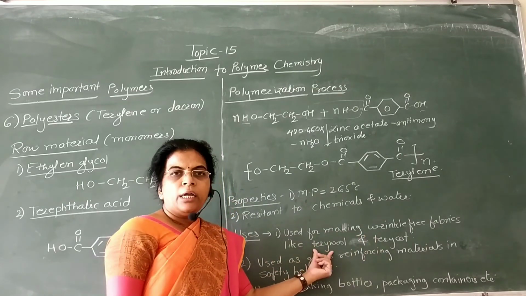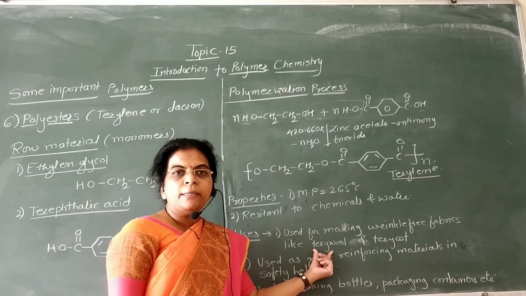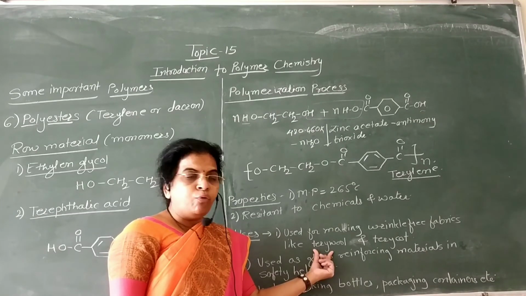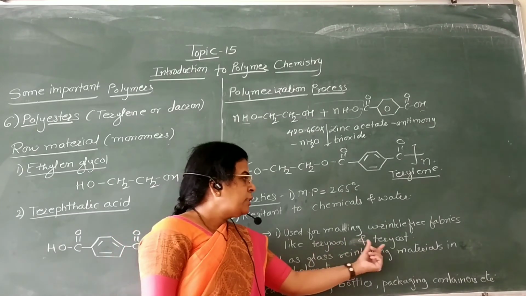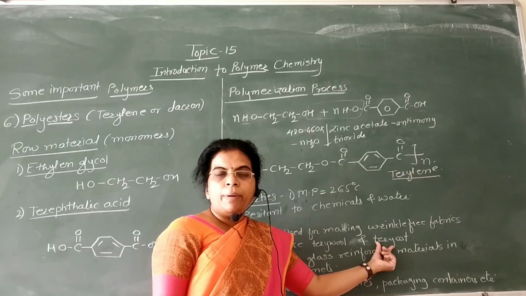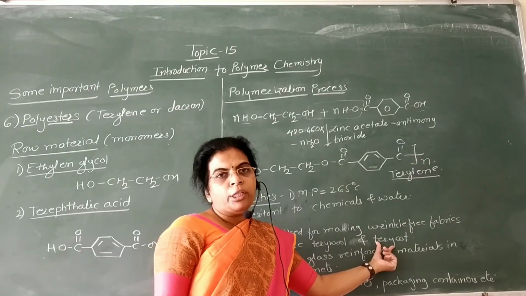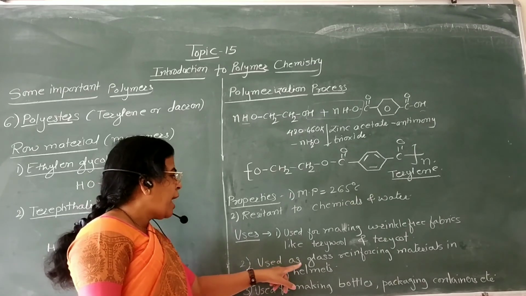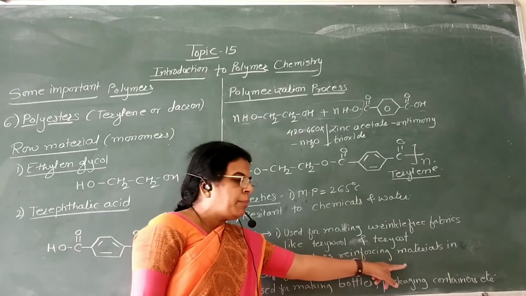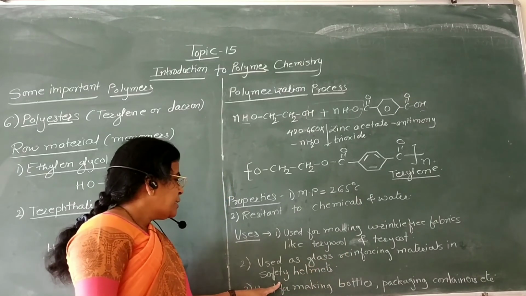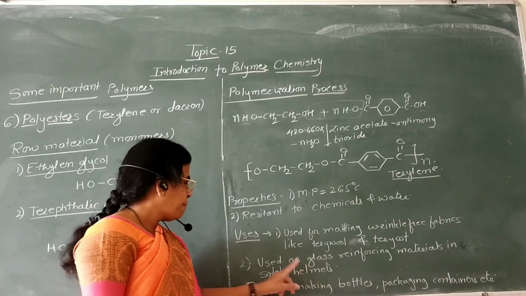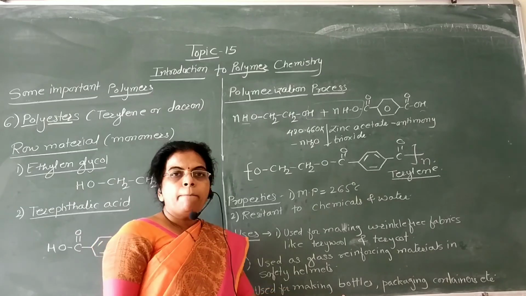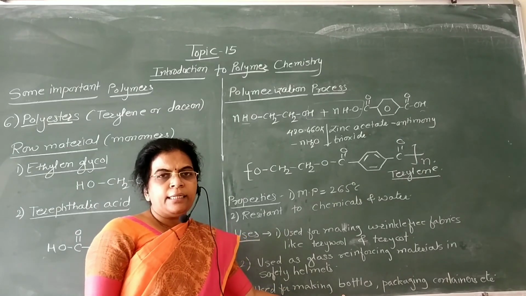Terry wool is obtained by blending terylene and wool with each other, and terry cotton is obtained by blending terylene with cotton. Terylene is used as a glass reinforcing material in safety helmets. And third, it is used for making bottles, packaging containers, etc.